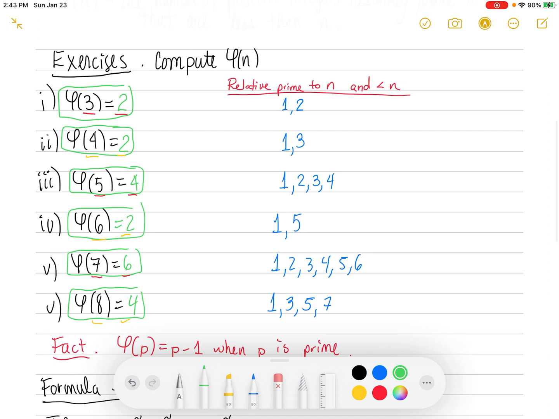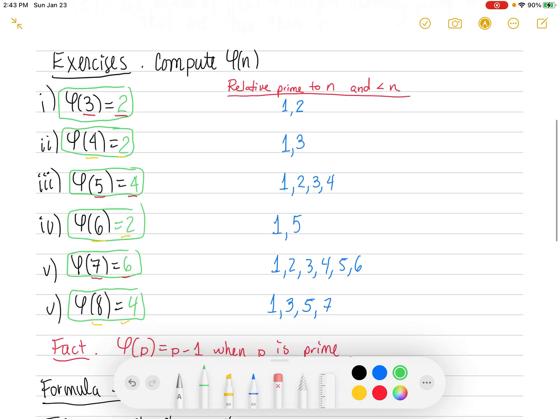Now, if you want to go back, you could actually check all of these. So remember we counted up the number that were relatively prime to each value of n back here, and that were less than n. Let's say we wanted to use the formula. Here's the formula. We would have started with our n and number 1, which was 3, and then multiplied by 1 minus 1/3, because the only prime for 3 is 3 itself.